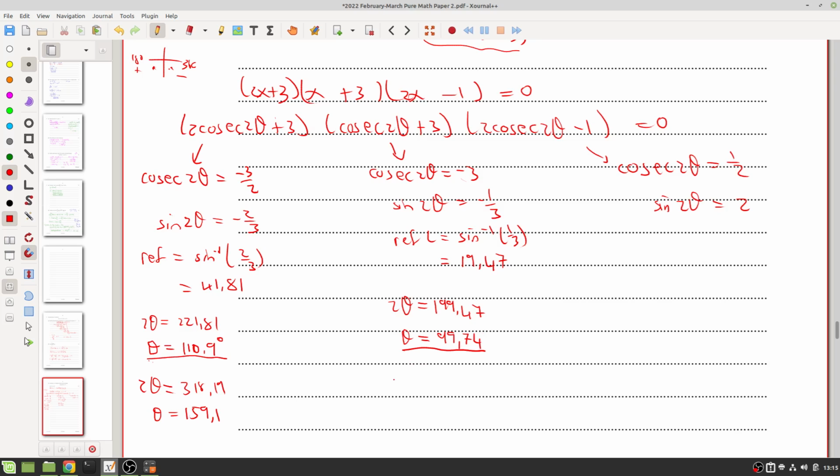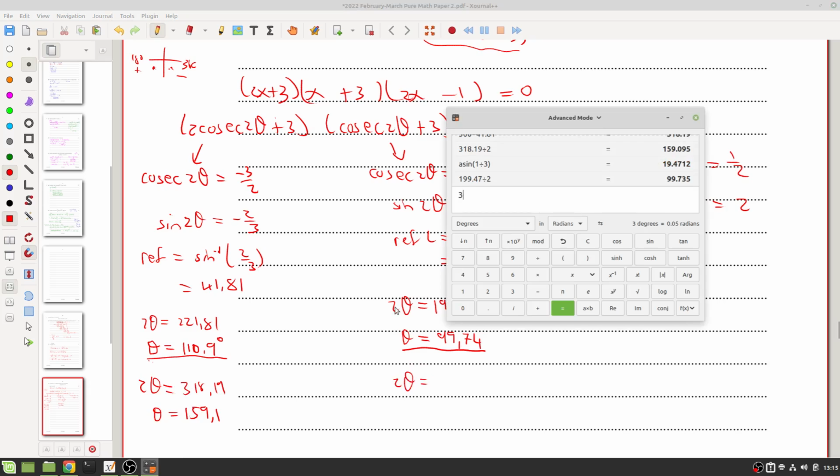And then we could also check the fourth quadrant. 2 theta is then 360 minus our 19.47. We divide that again by 2.